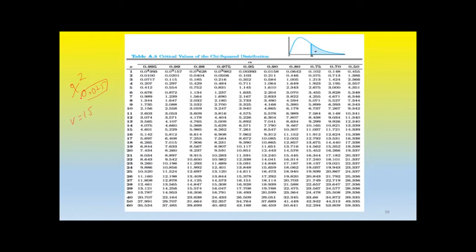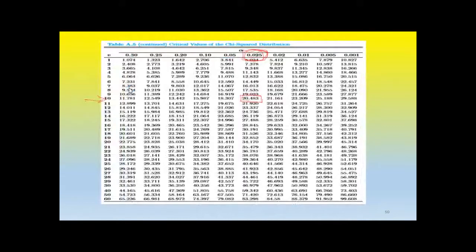This is my alpha value. Do we have alpha on the top? No. Go to the next table. What is chi-square 0.025? V is 15, so go to the degrees of freedom. V is 15 in this row.